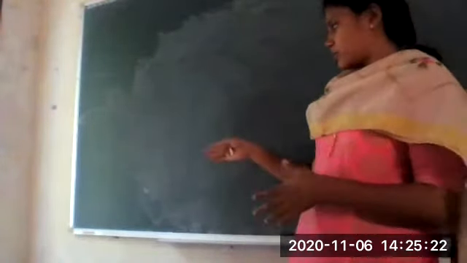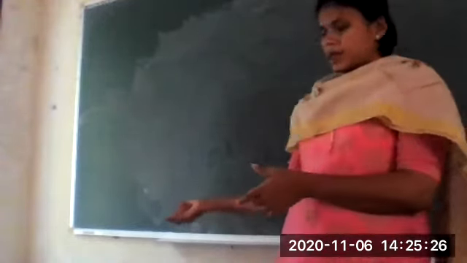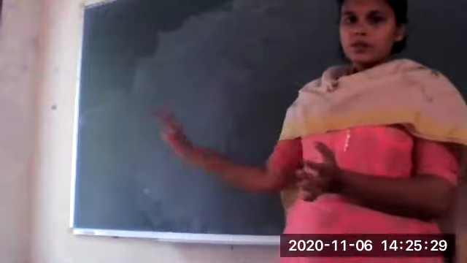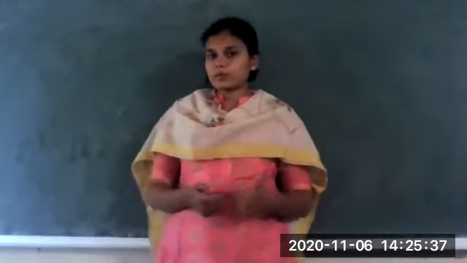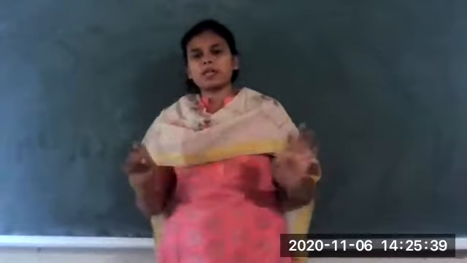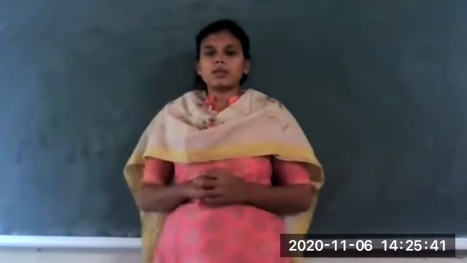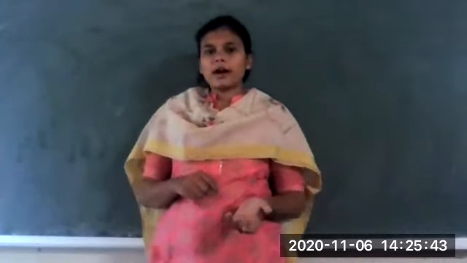Suppose we have the x, y, and z axes. We will keep the z axis as it is and perform the rotation about the z axis. So if we perform the rotation about the z axis, there will not be a change in the z coordinate. If we perform the rotation about the x axis, there will not be any change in the x coordinate, so there will be a change in y and z.